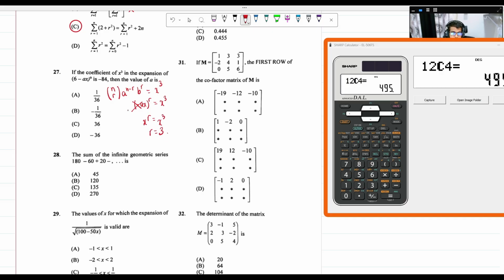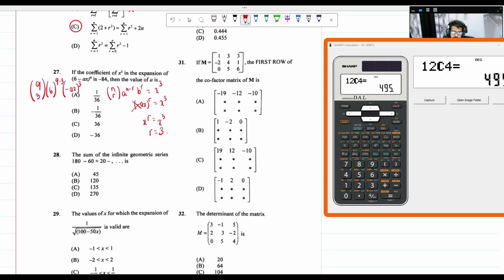When r is 3, I'm going to get 9c3, a to the 9 minus 3, minus ax cubed. The coefficient of x cubed is negative 84.